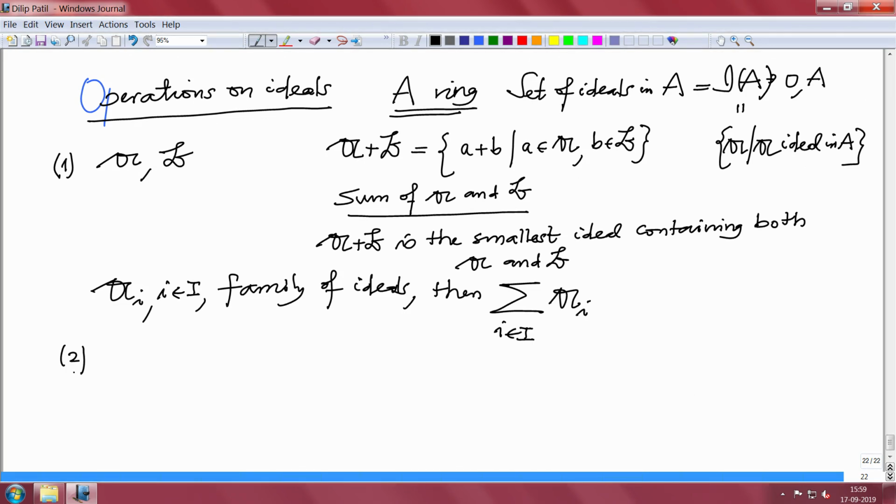This was a bit easier, but now let us take another one, the intersection of ideals.